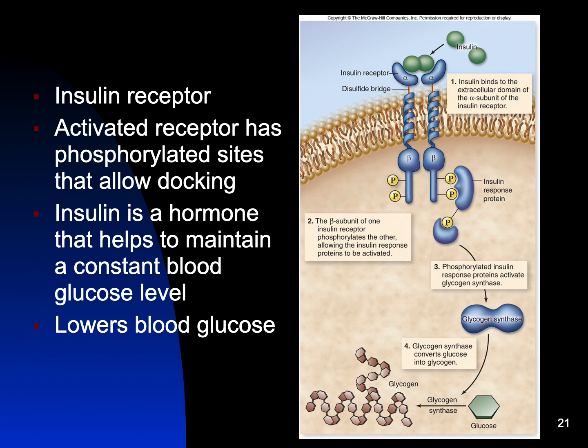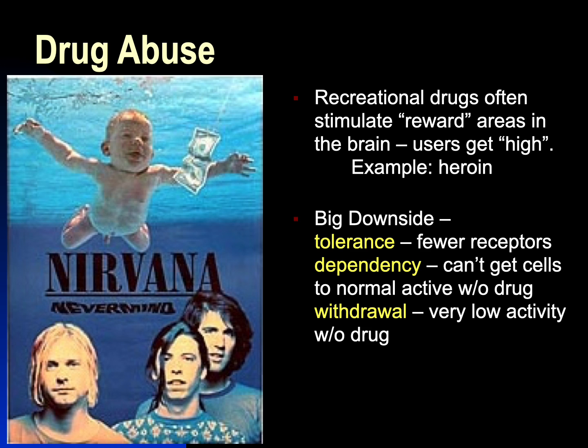Another thing I wanted to mention is that drugs of abuse, like opioids or nicotine, are often working by triggering receptors. The big downside of these drugs is that by overstimulating the receptors, it leads to fewer receptors being produced.